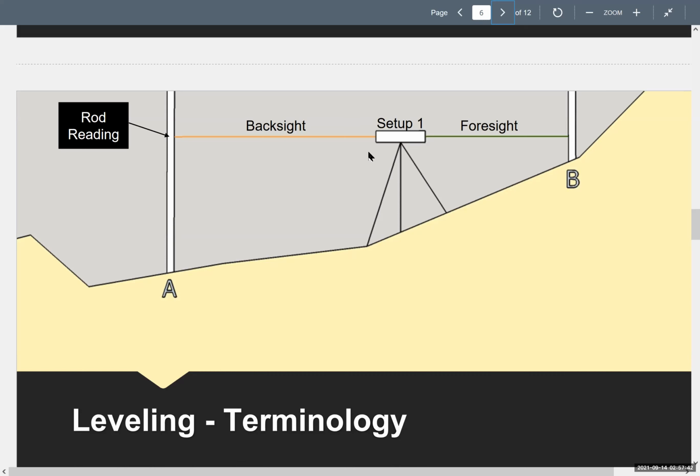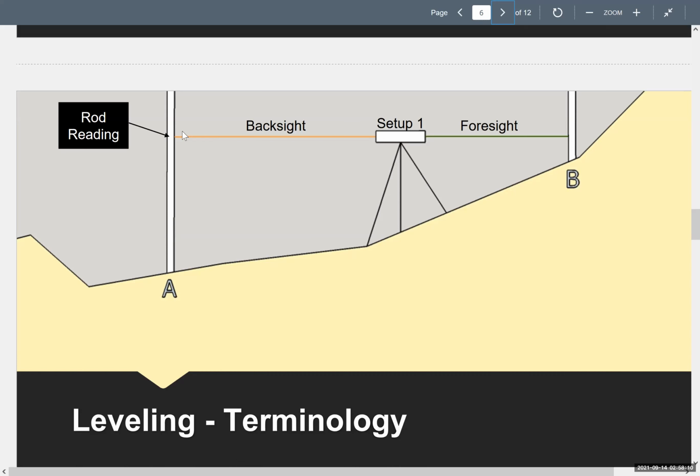All right, so let's take a look at this schematic here. Remember, which was the point I knew the elevation at? A. So notice I'm putting my rod, which is a big old ruler, on point A, and I set up in between and I take a shot. And the word shot is another slang that you use in surveying.